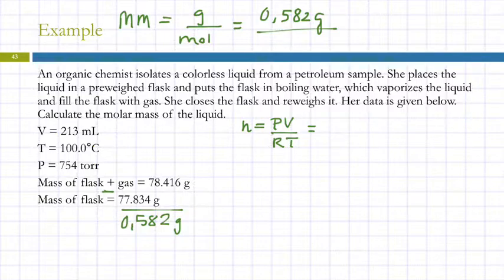We need to convert them, because the ideal gas constant, 0.08206, you write that enough times and you just don't even have to try to memorize it. You can't help it. I couldn't forget that one if I tried. Liter, atmospheres, mole, Kelvin. Those are the units I need. So milliliters, I need to convert that to liters.